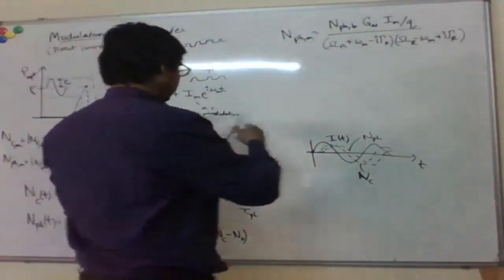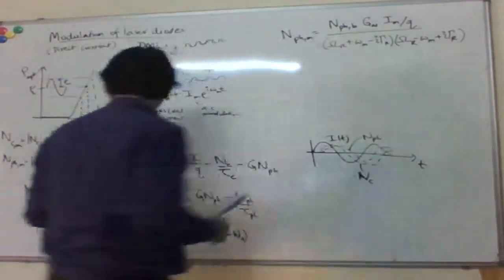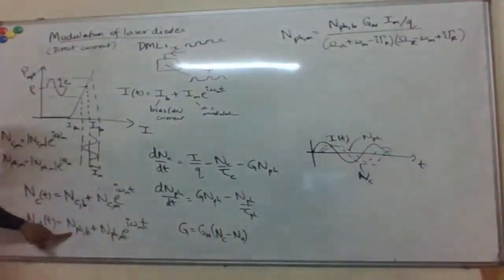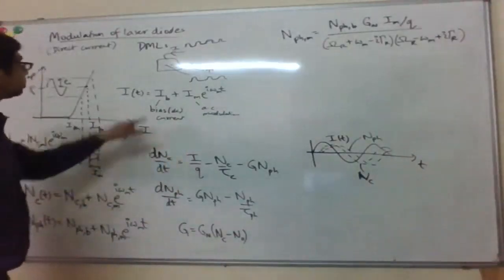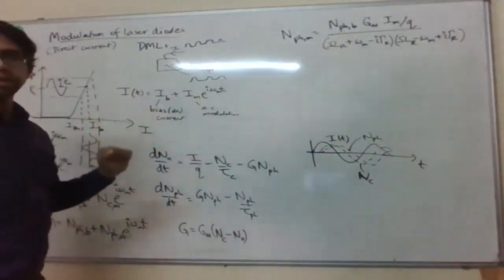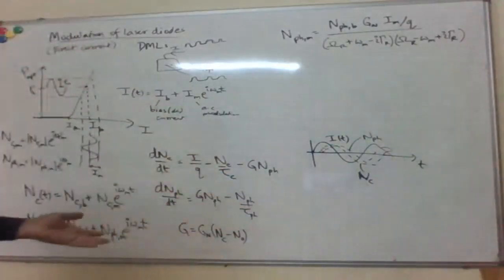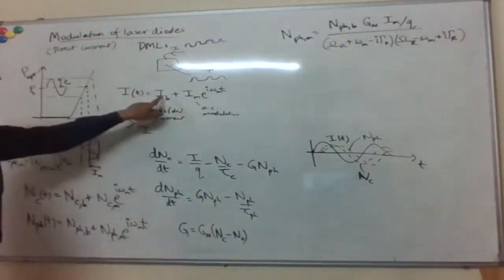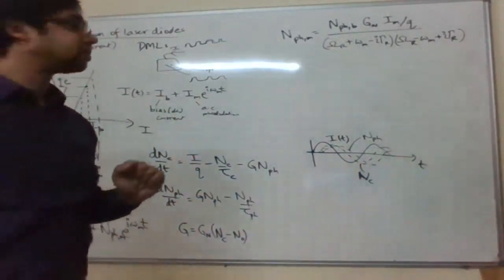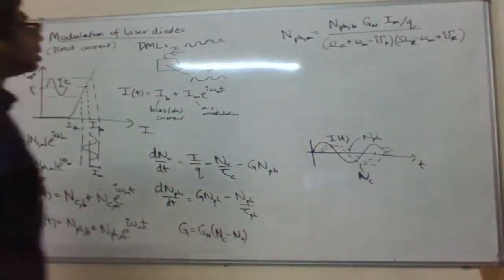Where this N photon B is the DC photon number, which is related to the DC part of the current IB, what we had derived last time for the DC response. So this will just depend on the IB bias current here, the same expression that we derived last time.